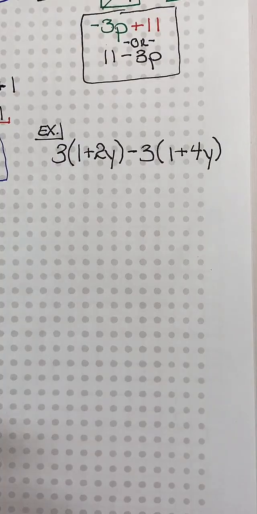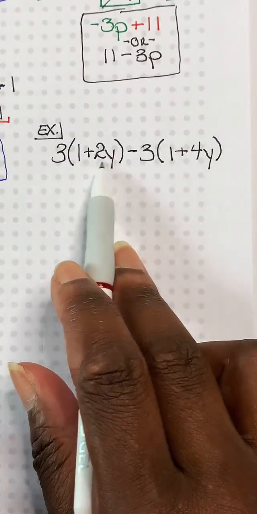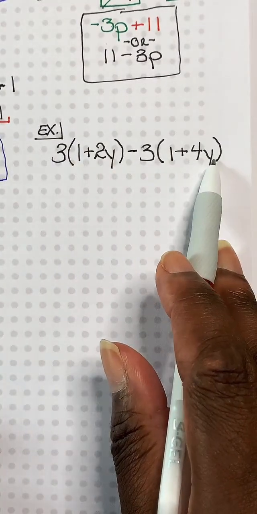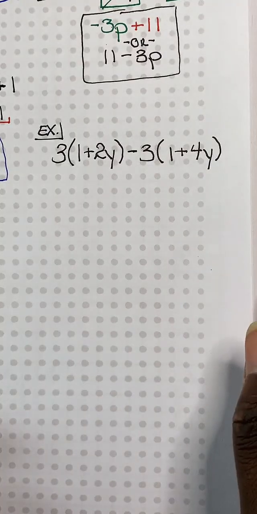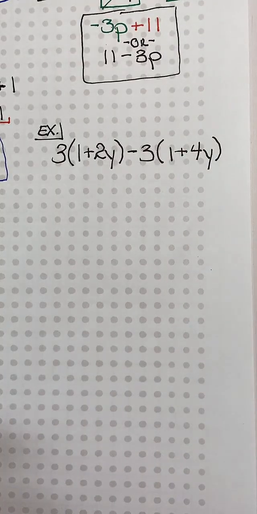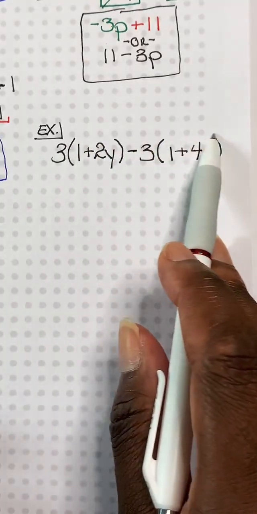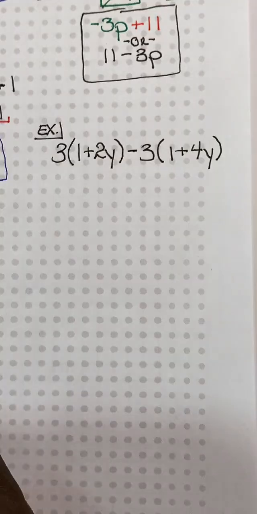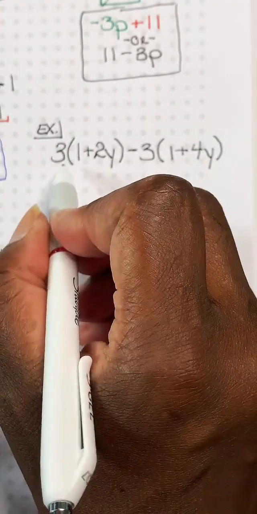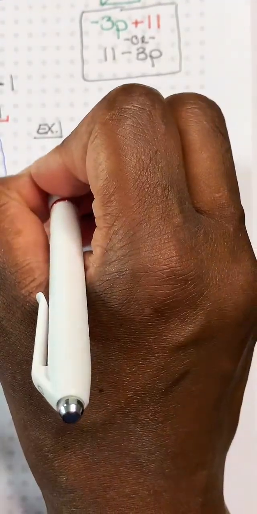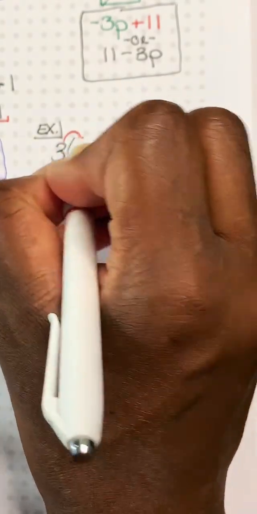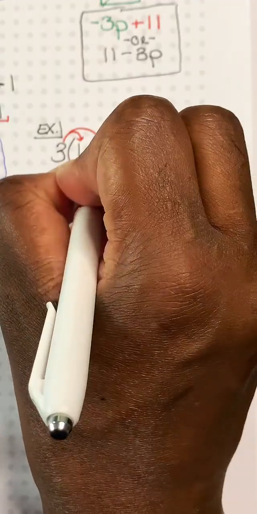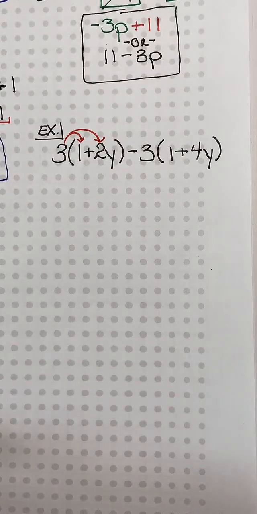So, very first thing, I'm looking inside the parenthesis. Inside the parenthesis, we do not have like terms, so we can't combine anything. We don't have any exponents, so we don't have to worry about that. So the next thing we should be thinking of is our multiplication. So we're going to distribute this 3 to its parenthesis, not the whole thing.